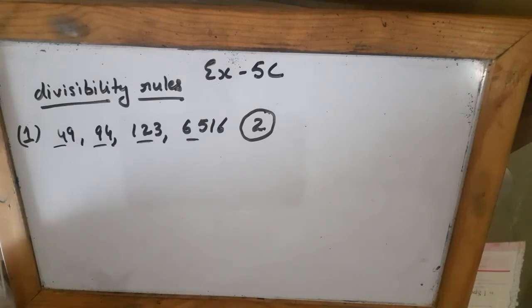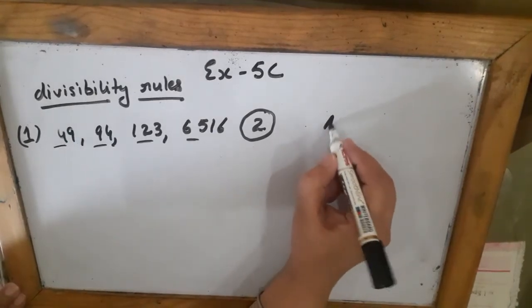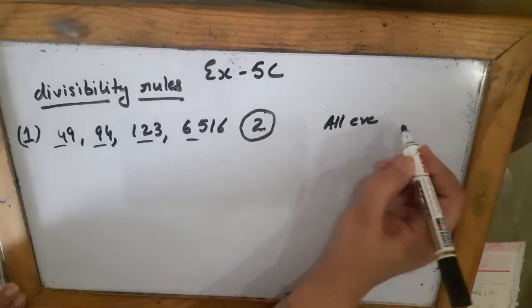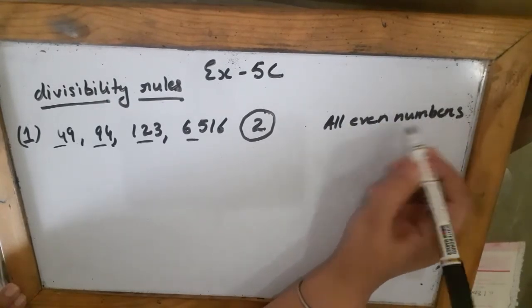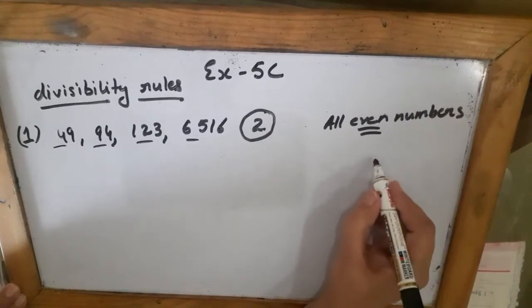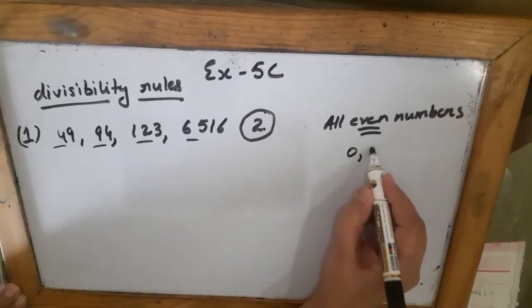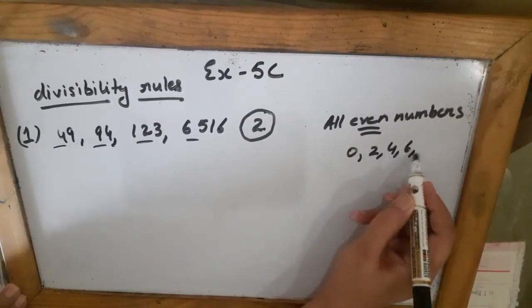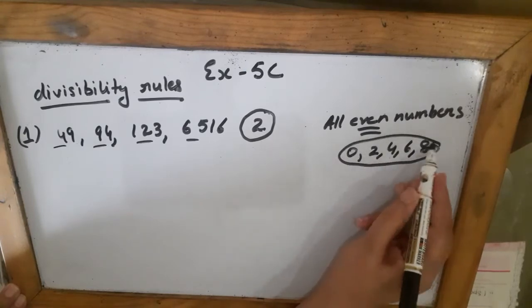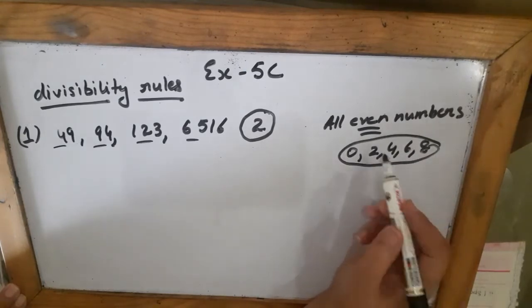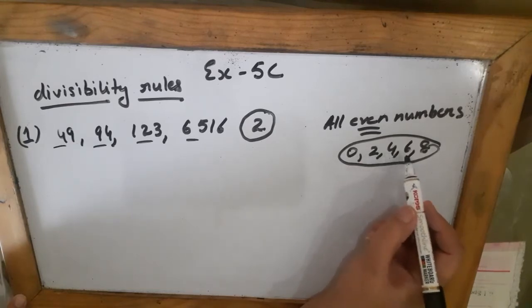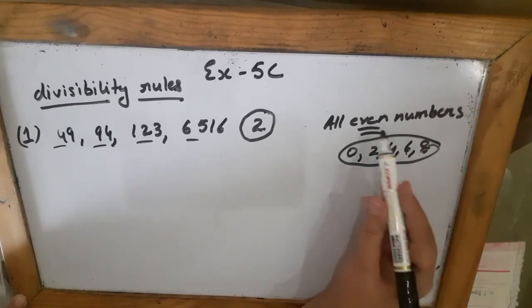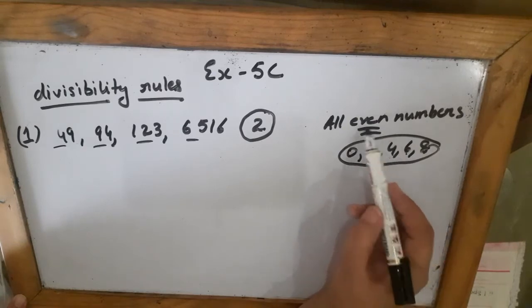You must be knowing that all even numbers are divisible by 2. Now what are even numbers? Even numbers are those numbers which have 0, 2, 4, 6, 8 at the ones place, at the end of the number. At the end of the number, if you have 0, 2, 4, 6, 8, they are even numbers.